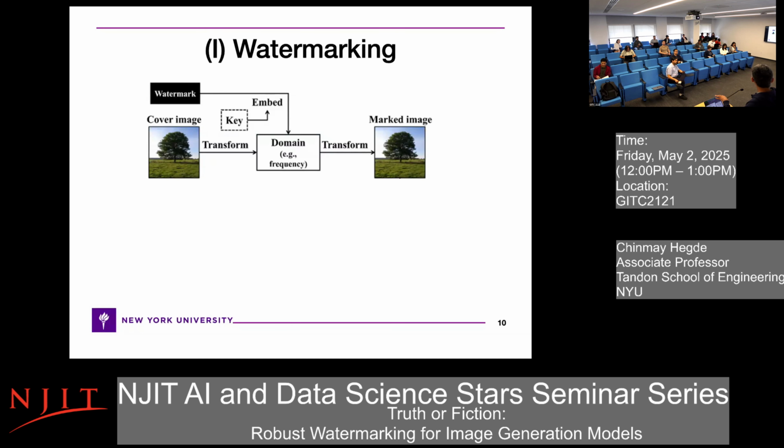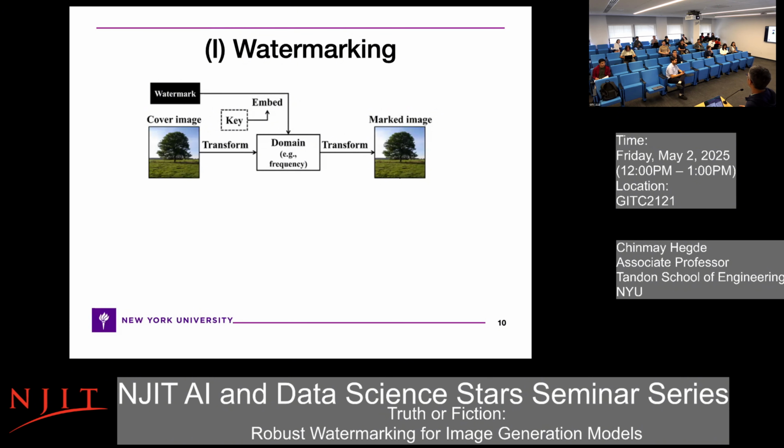Now, why is this done? Typically it's done because we don't want the watermark to be perceptible. We don't want, for example, the giant block. I don't know about you, but I find giant blocks of text obscuring an image somewhat annoying. So ideally, we would like an imperceptible watermark. And this is often achieved by doing the watermarking in the frequency domain. So you now get a watermarked image, which is very similar to the original image.